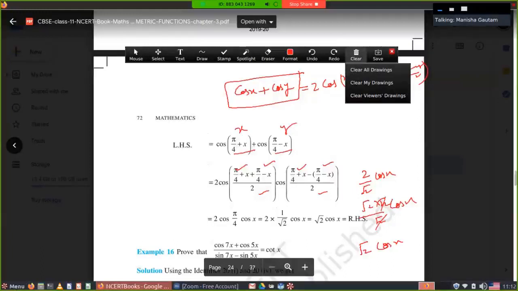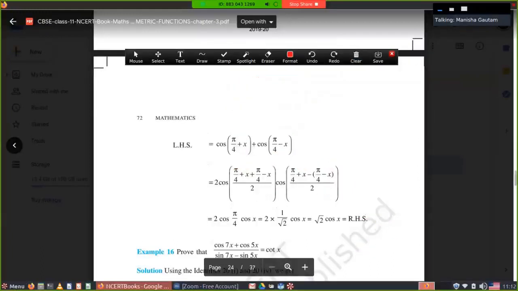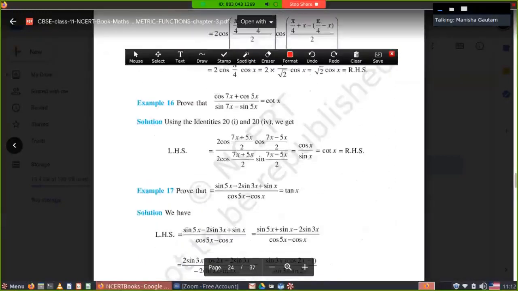Do the question. Now come to example number 16. Here in example number 16, you have to apply the formula on the left hand side: cos x plus cos y, and sin x minus sin y in the denominator.